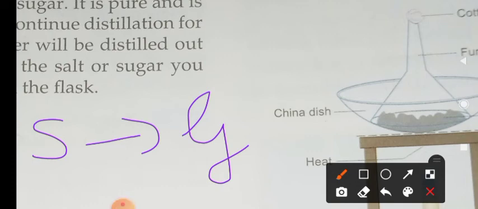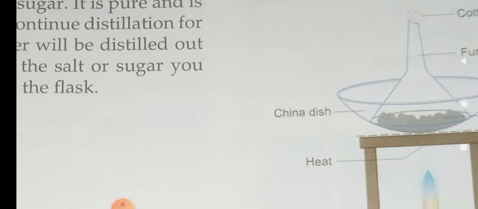So in this technique we are going to take the substance in a china dish, and one of the substances in the mixture should sublime. That is, on heating, it should be directly converted into gas without converting into liquid. Here we are going to take an ammonium chloride and salt mixture.